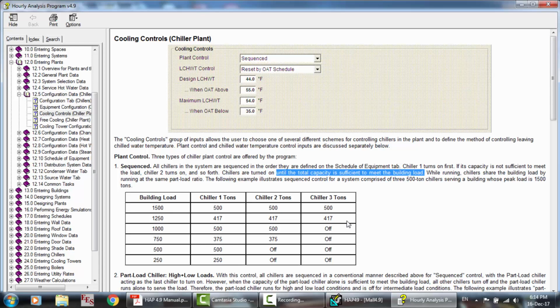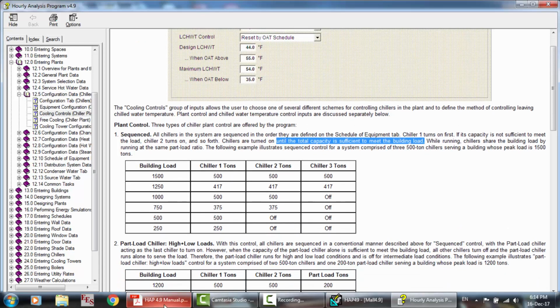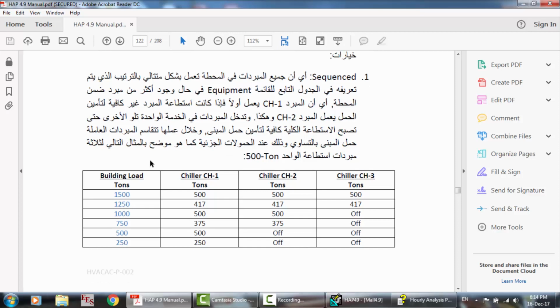In the following example, as we see here, we find the total building load 1500. So with chillers of 500, 500, 500, all of them will start running. If this is the total building load in tons, all of them also will run.